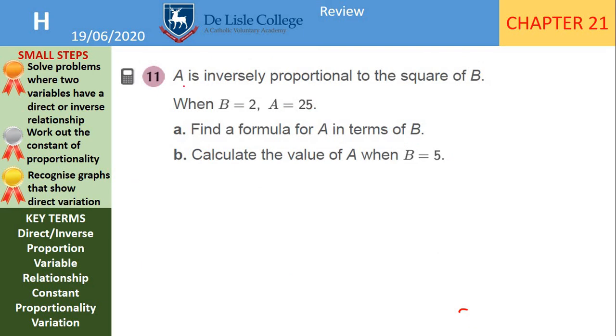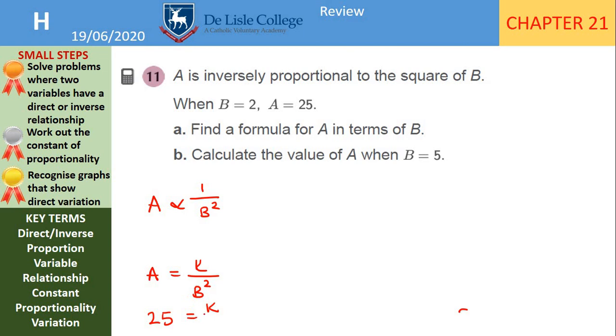Question 11. A is inversely proportional to the square of B. So this gives us 1 over B squared. So we get the formula A equals k over B squared. We're told when B equals 2, A equals 25. So A equals 25.